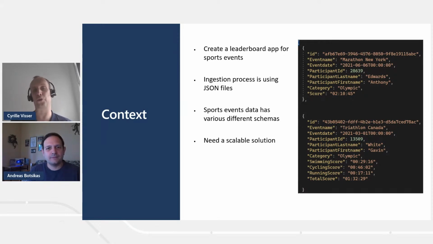But to give you a bit of context, this is the use case we are going to address today. We have been given the task to create a leaderboard for sports events. And those sports events can be any type of event, right? Which also means the data can be quite different.